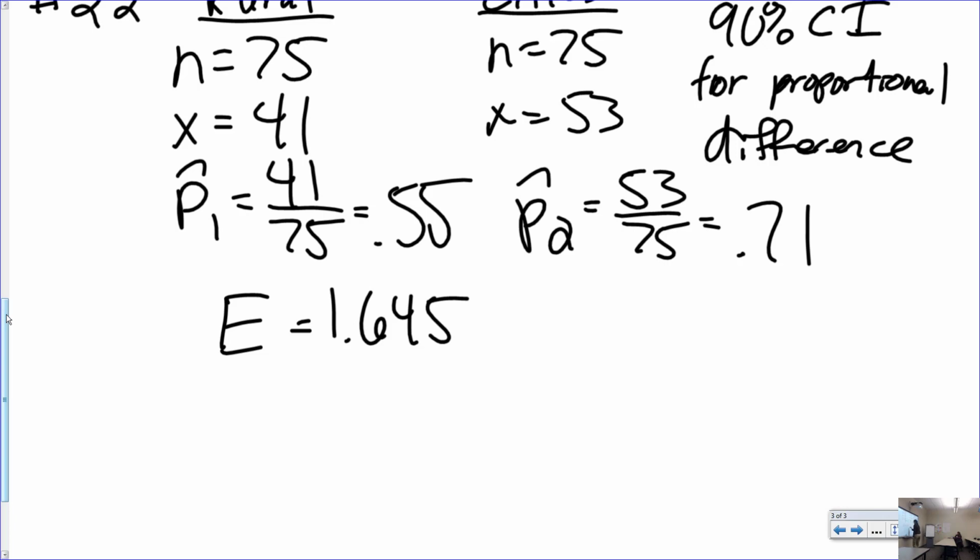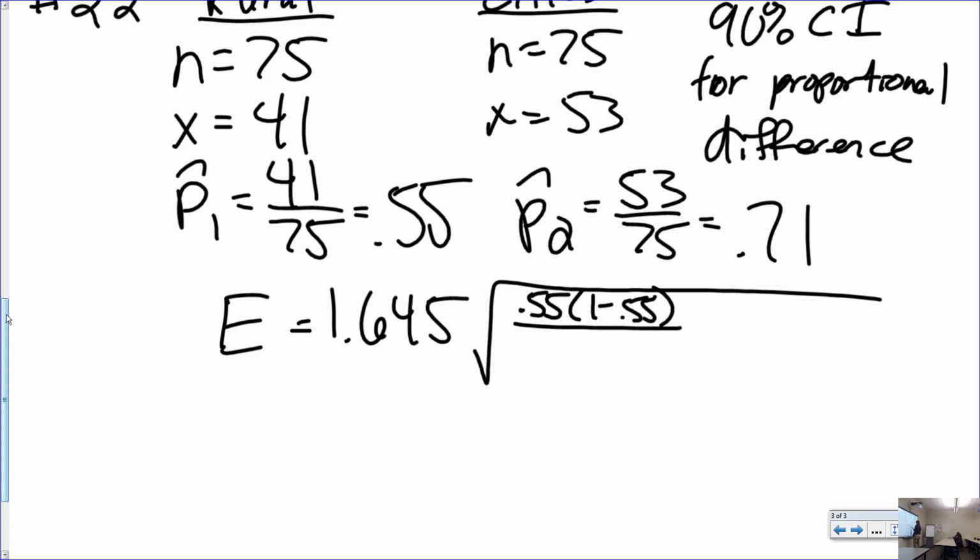And then we have to find out what times the square root of 0.55 times 1 minus 0.55 all over 75 plus 0.71 times 1 minus 0.71 all over 75.